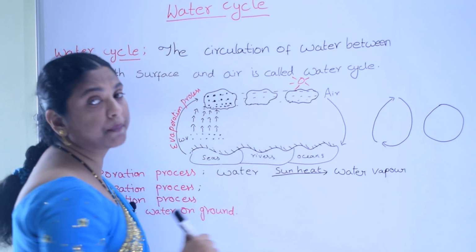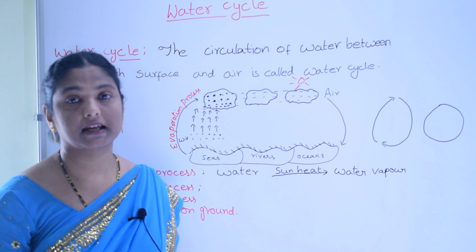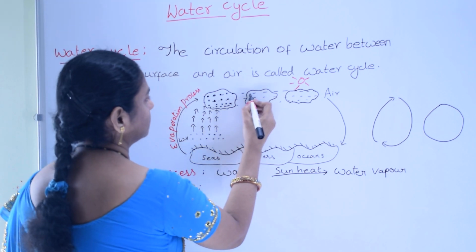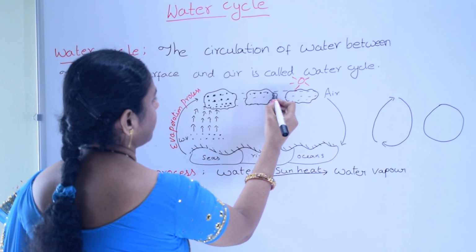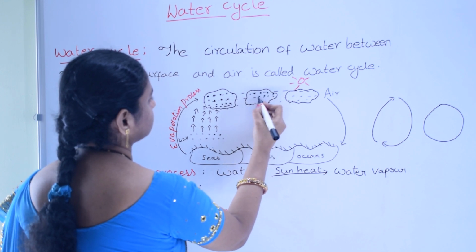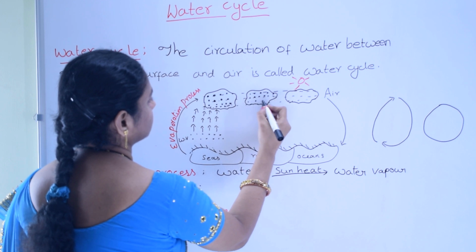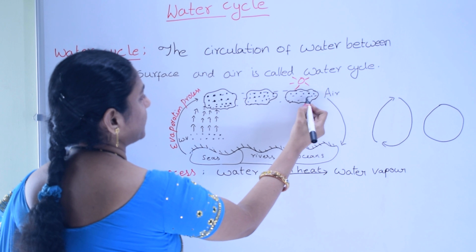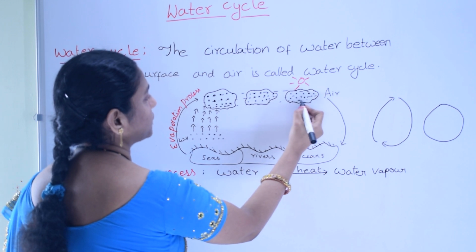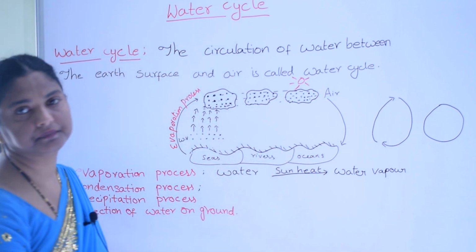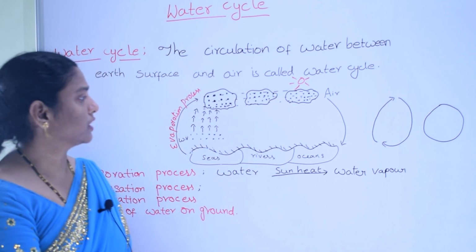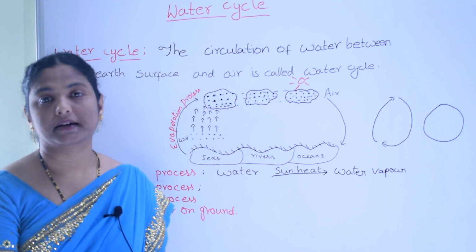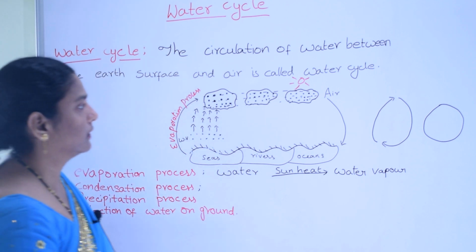In these clouds, what is present? Already I said, small droplets of water will be present. Like this. So, these droplets of water appear in the form of clouds. So, this process of conversion of water vapor into clouds is called condensation process.